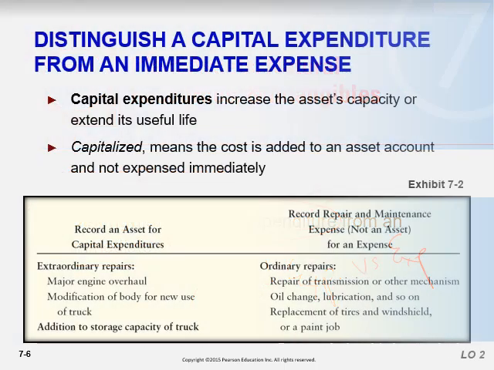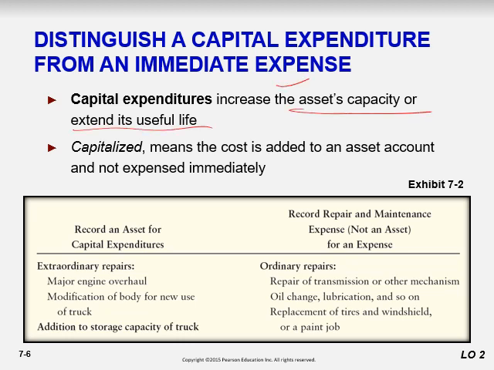Okay, let's talk. So capital expenditure, or capital expense, is that expense which actually increases the asset capacity or its useful life. Which means you incur an expense and the usage of that expense is for more than 1 year.